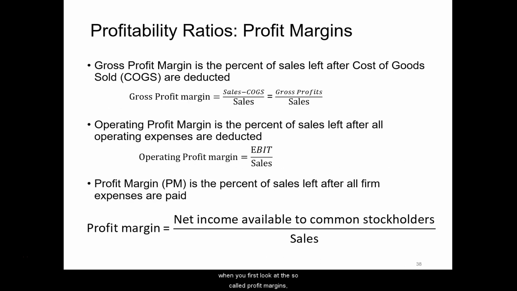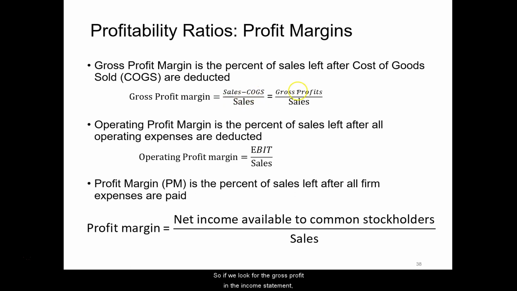We first look at the so-called profit margins. Here you can see there are 3 different levels of profit margins. We have the gross profit margin, operating profit margin, and the net profit margin, or say the profit margin. Gross profit margin simply is the amount of gross profit over the sales.